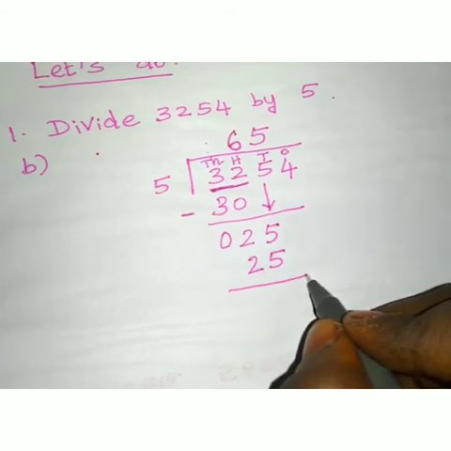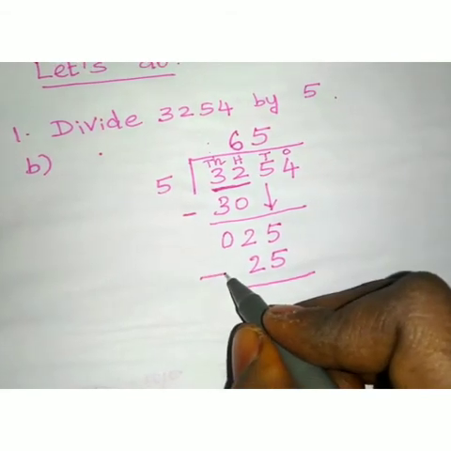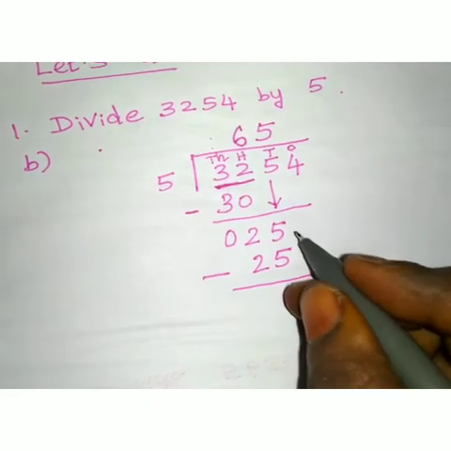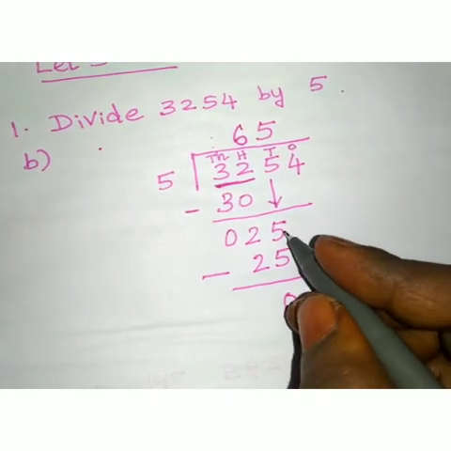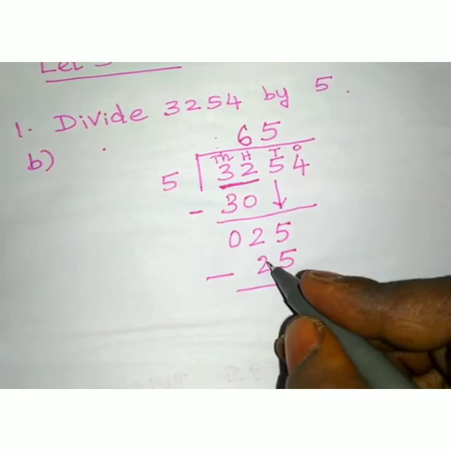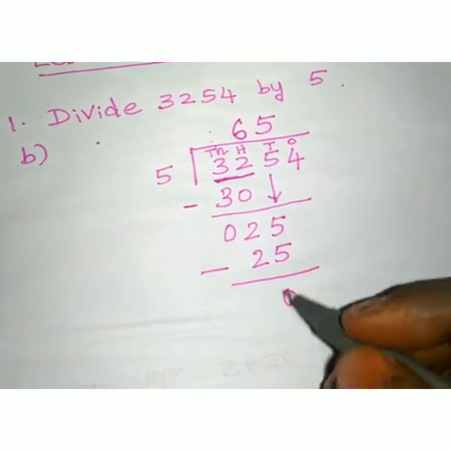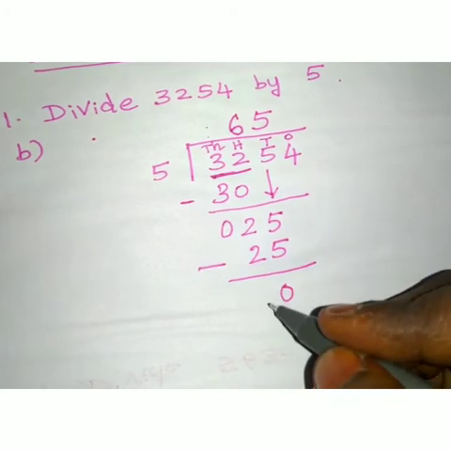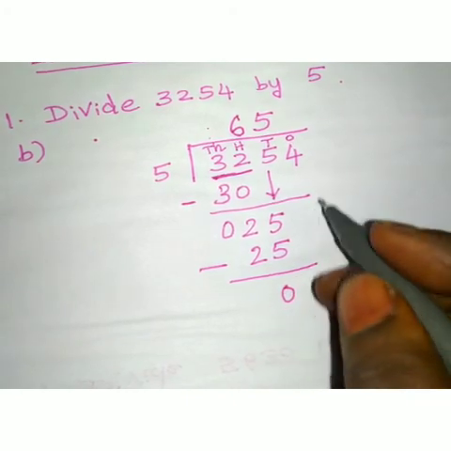Now you have to subtract these two. 25 minus 25, 0. Or you can subtract individually. 5 minus 5, 0. 2 minus 2, 0. You can write only a single 0 for subtracting 25 minus 25.